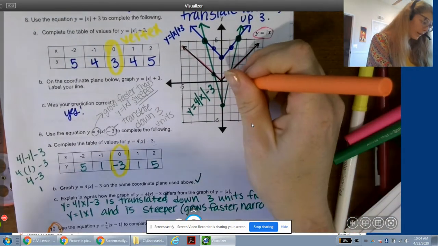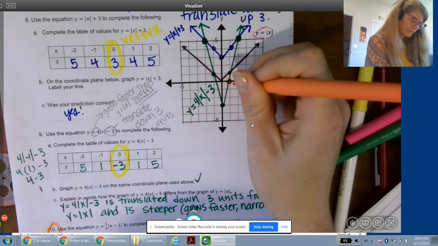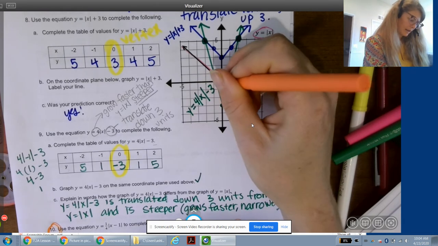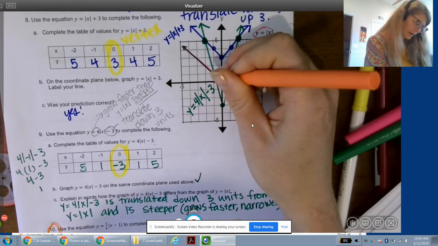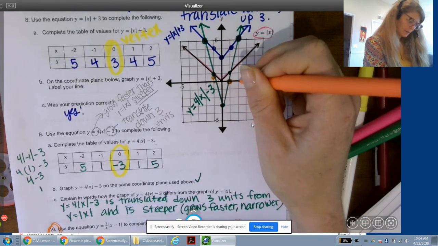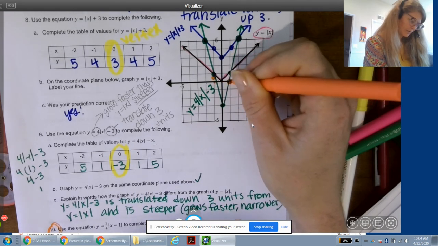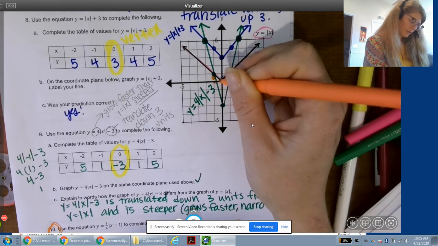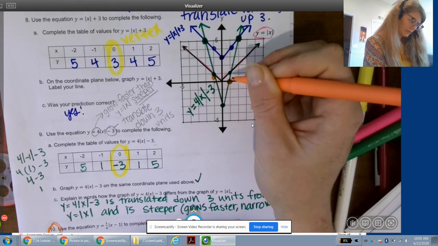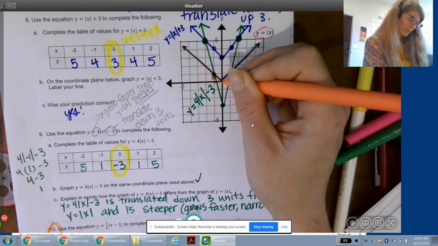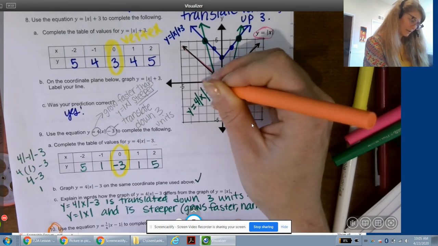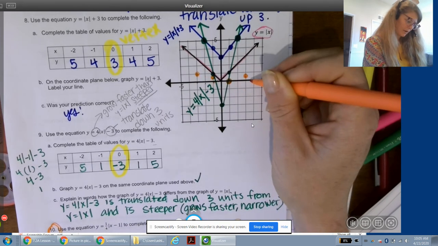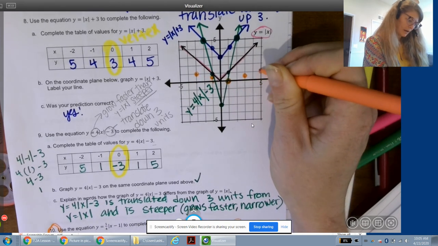So 1, 0. And then if we go -1, a half, 3, so 1, 2, 3, a half. And then if we go over the way to -3, 1, 2, 3, -3, we're going to go up to 1. Here, we're going to go over to 5 and up 1.